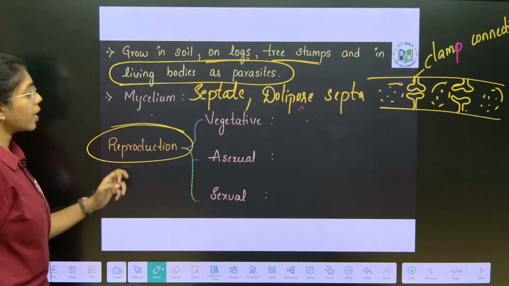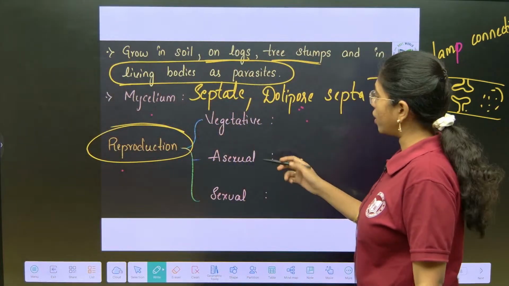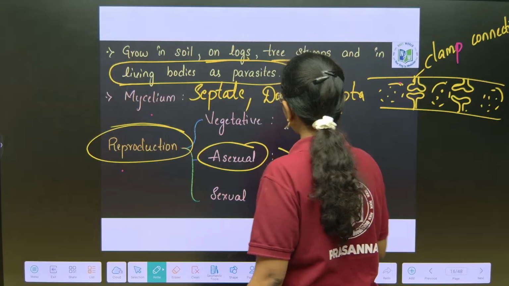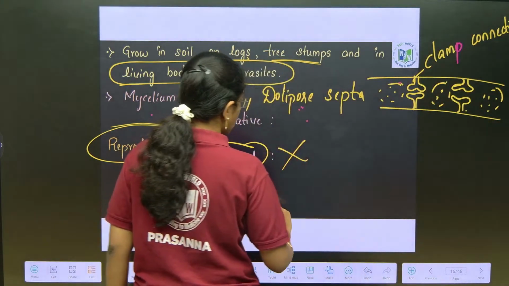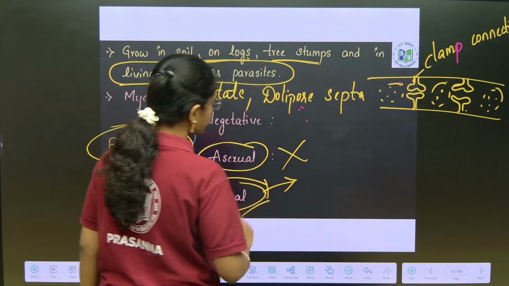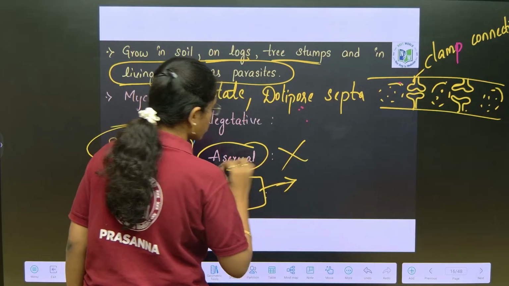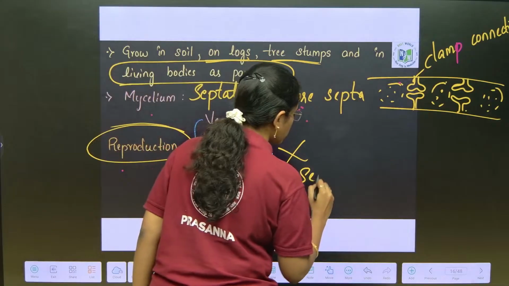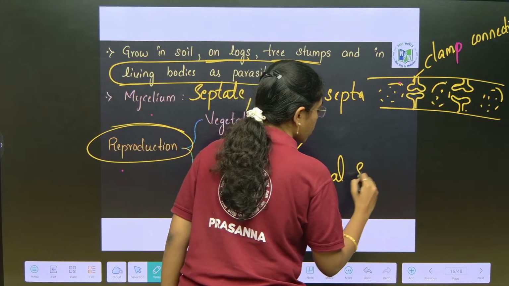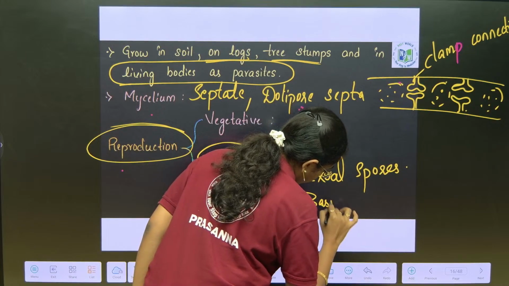Next is reproduction. Vegetative mode of reproduction is of course fragmentation and all. Asexual reproduction is absent. Sexual reproduction is through what? Sexual reproduction is by sexual spores. Those are basidiospores.